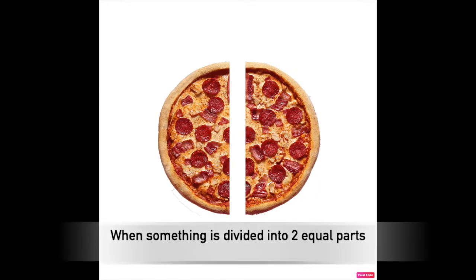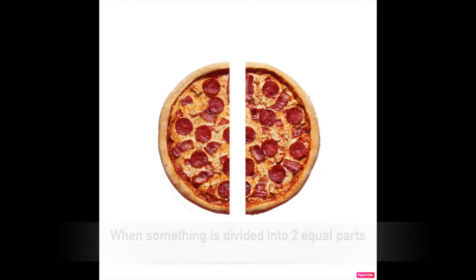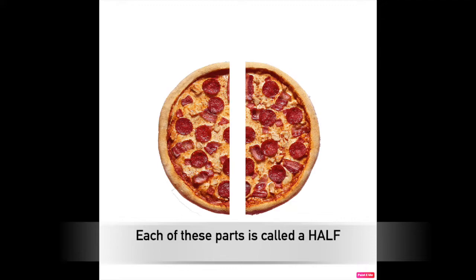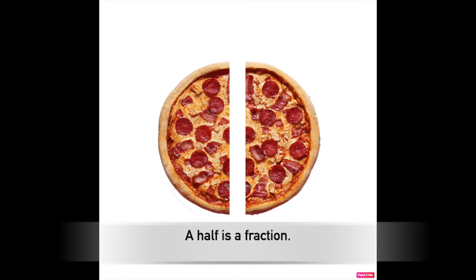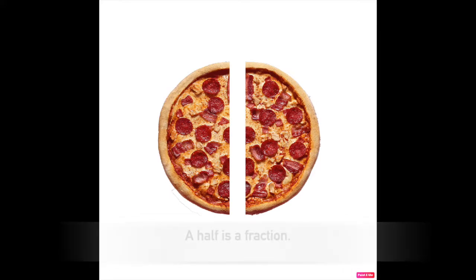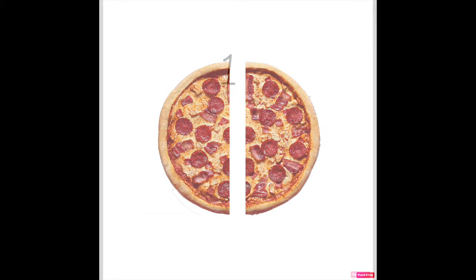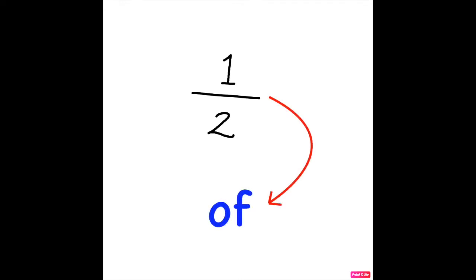When something is divided into two parts, each of these parts is called a half. A half is a fraction. A half is written like this: 1/2. The line in the middle represents the word of.